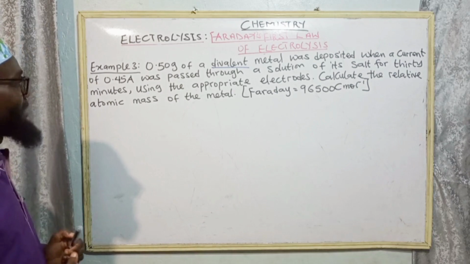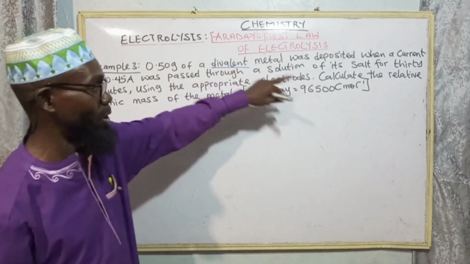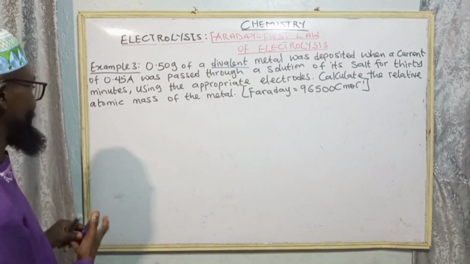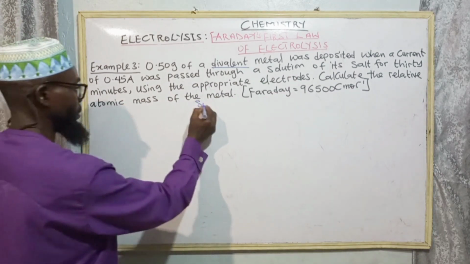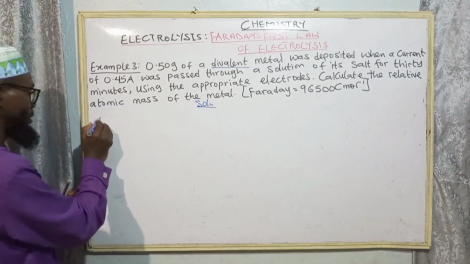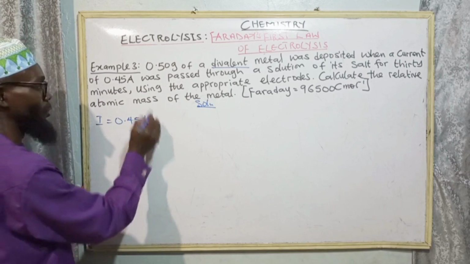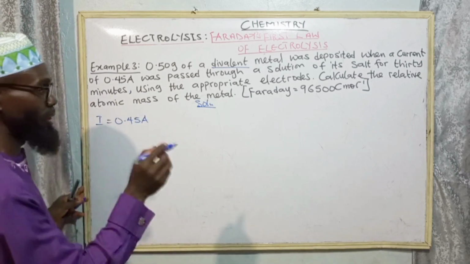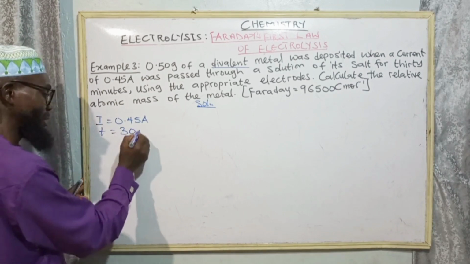We now said that 0.50 gram of a divalent metal was deposited when a current of 0.45 ampere, our I, was passed through a solution of the salt for 30 minutes. Our time equals 30 minutes.